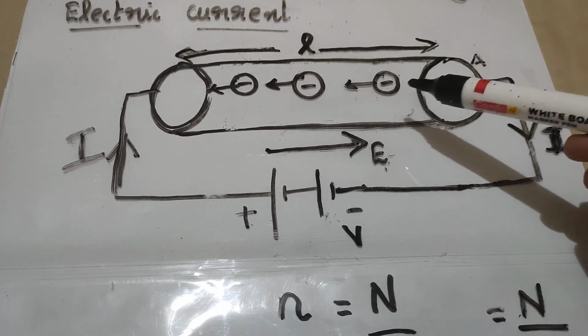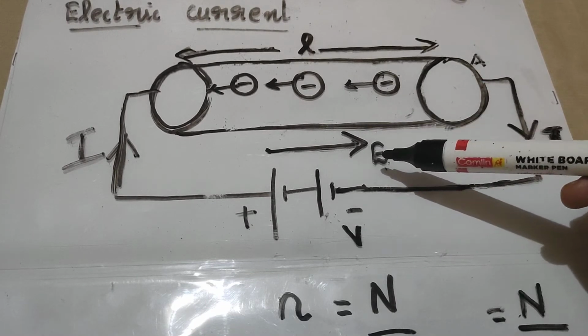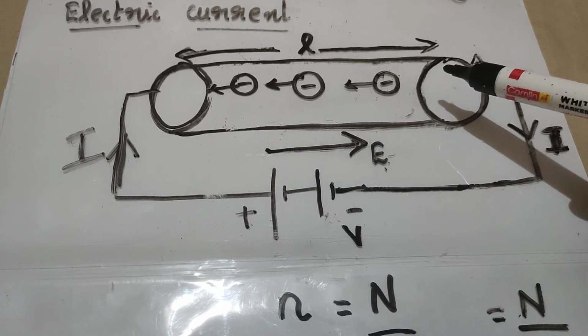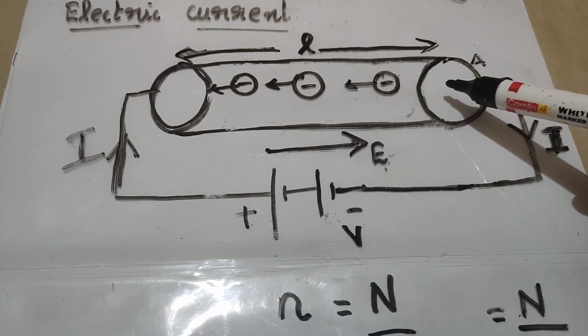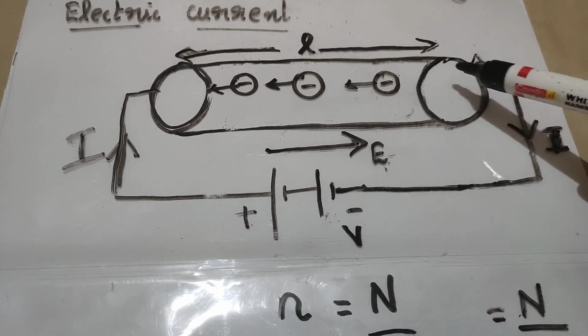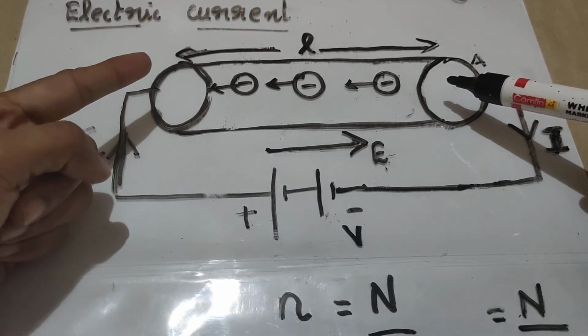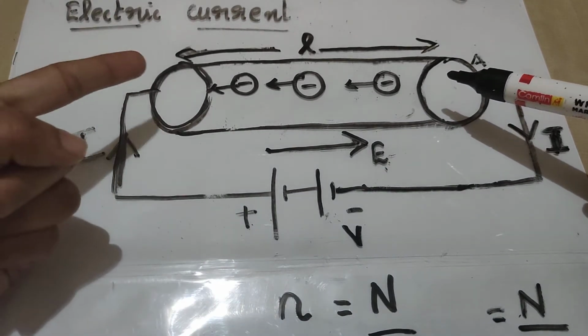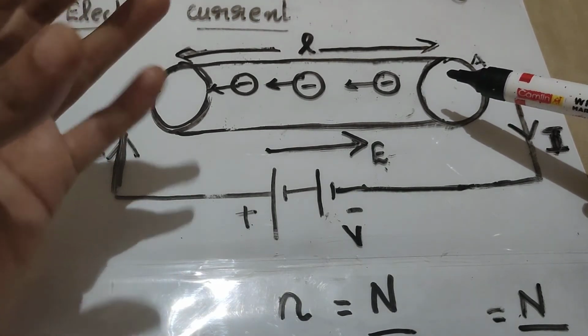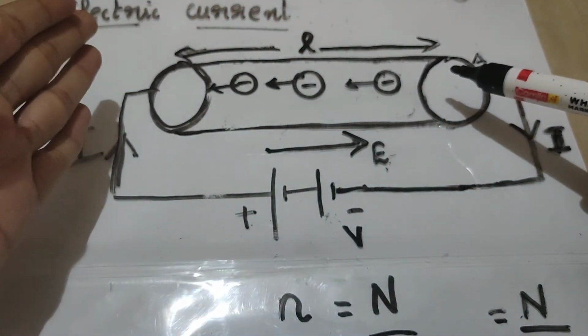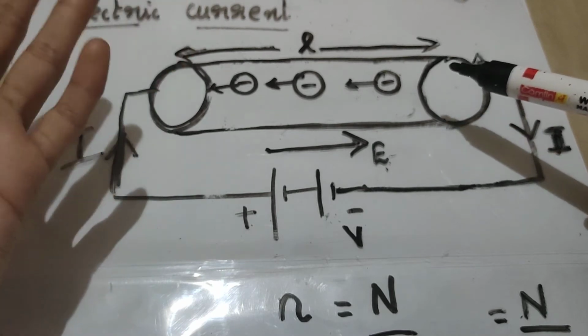Now consider this conductor. When an external electric field is applied here, suppose capital N number of electrons move from one end of the conductor to the other end in time t.